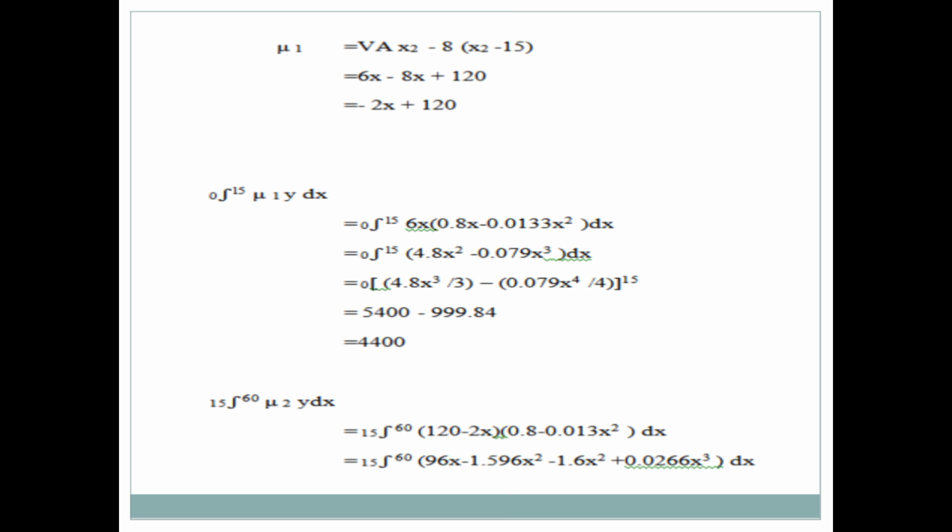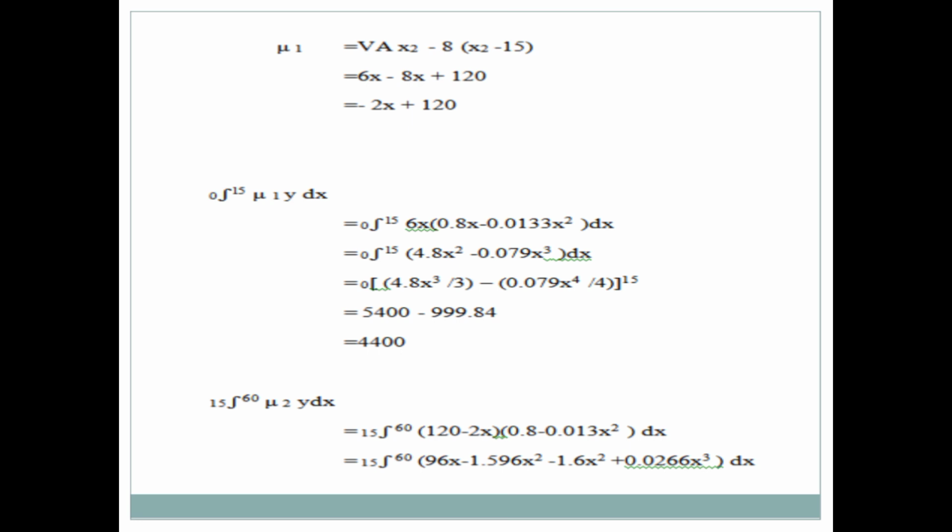Integral of 0 to 15 mu1 y dx. So I will be applying this. I want to take the limit 0 to 15, 6 into 0.8x minus 0.0133 x square dx. You are getting the final value 4400.